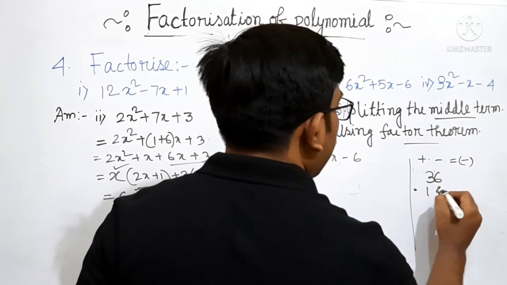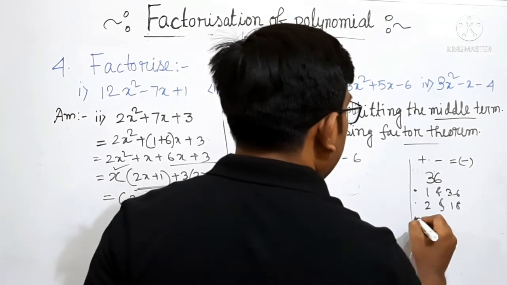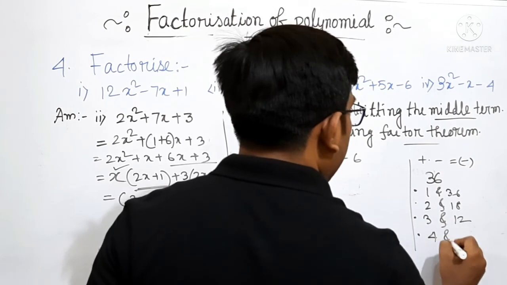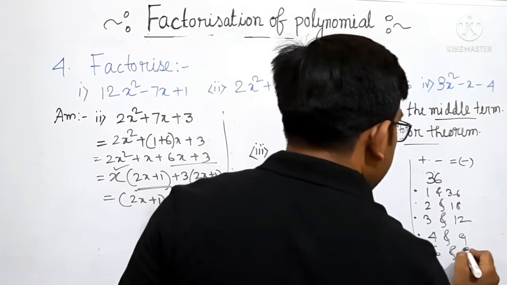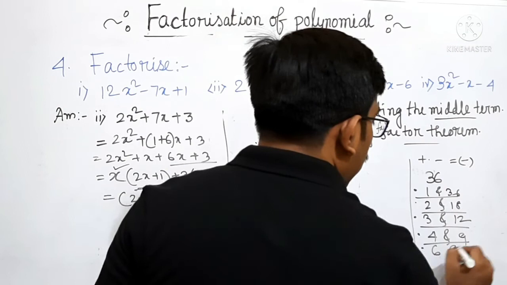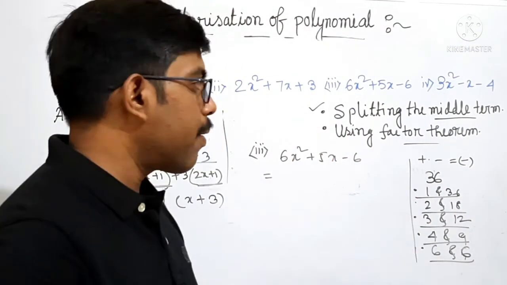It will be 1 and 36, 2 and 18, 3 and 12, 4 and 9, 6 and 6. Here there are 1, 2, 3, 4, 5 pairs. Between these 5 pairs, which pair will we take?